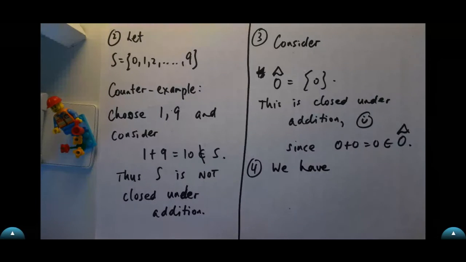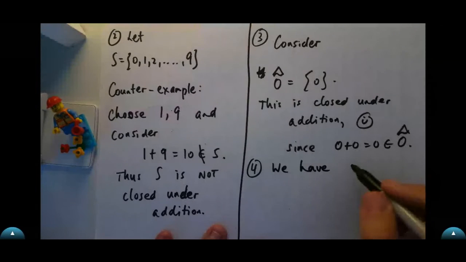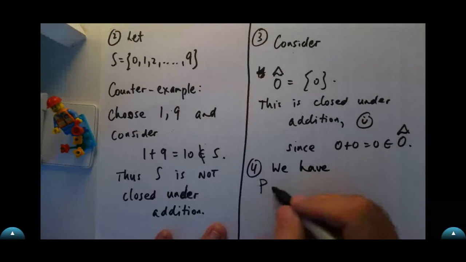So let's have a look at this. Let's call this, I don't know, let's call it P for Paranita.